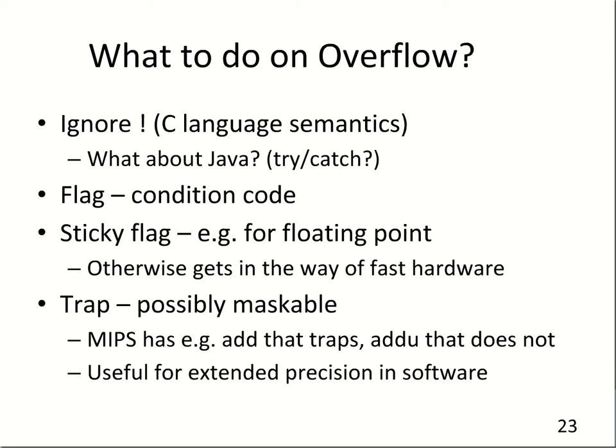The trapping form is useful mostly for extended precision in software. So for example, if you're emulating 128-bit integers for some reason, maybe you have an application where you need very large integers, you can use these traps now to detect cases where arithmetic operations on the less significant chunks of computation are generating carry-out values, and then you can trigger computations for the upper chunks of arithmetic operations.